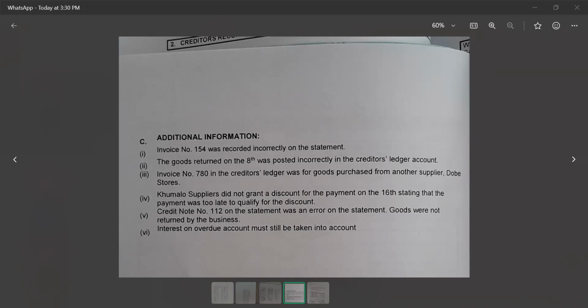One column shows the creditor's ledger, and the other shows the creditor's reconciliation. You see that mistake that happened on the creditor statement. Where do you think that correction is going to go? It's going to go to the creditor's reconciliation statement. Does it make sense, young man?